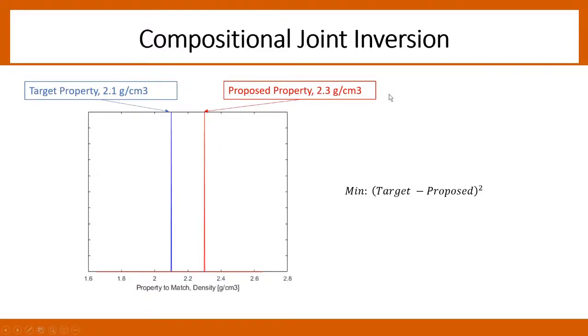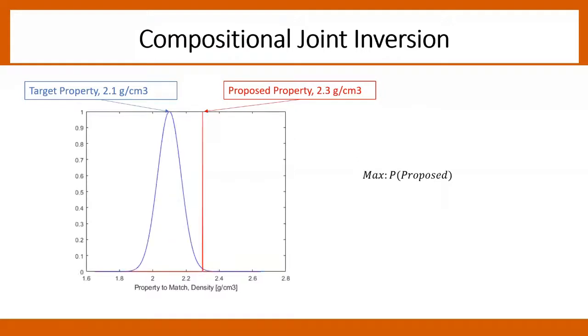This proposed property is related to the components that we have. Let's say we propose a volume of quartz, a porosity, water saturation, and so on. When we calculate the density, it gives us this density. So in a standard program, you would have the target property and the proposed property, and you would try to minimize the difference between those two.